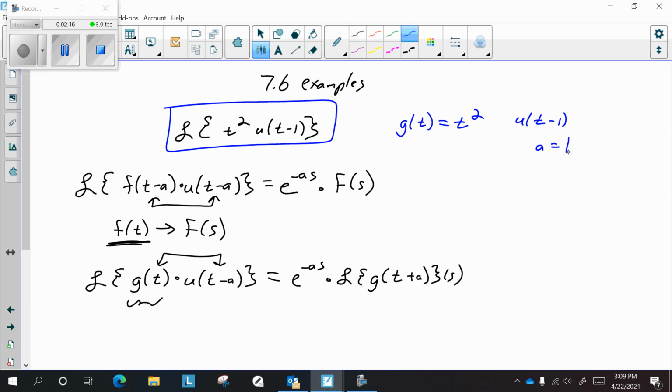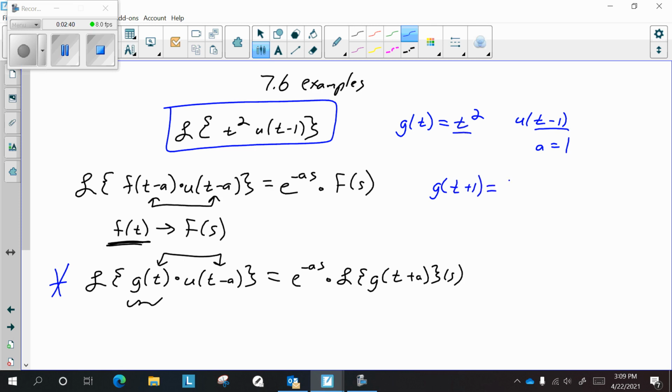So notice the input here and the input there are not the same. This one is 1 unit to the right farther than this one is. So since they don't have the same horizontal translation, then we use this property down here. So our a is 1, so we need to find g of t plus 1.